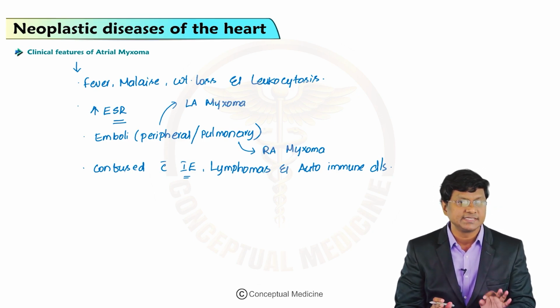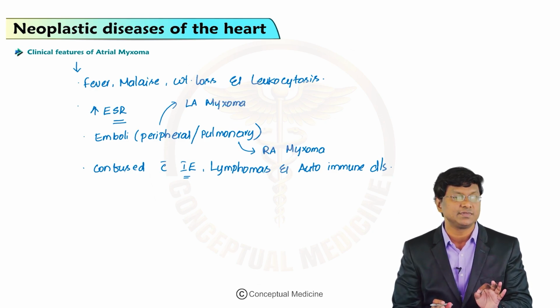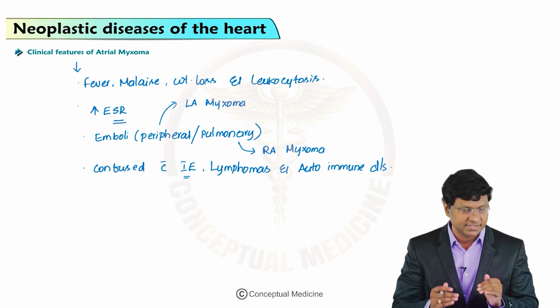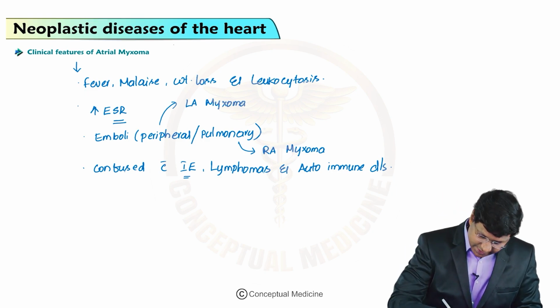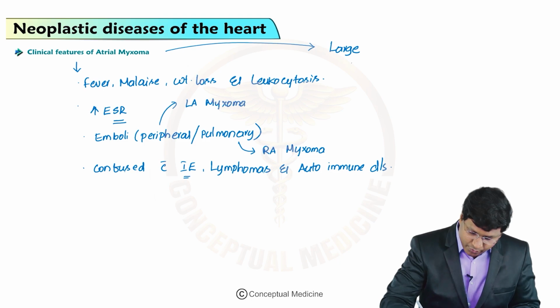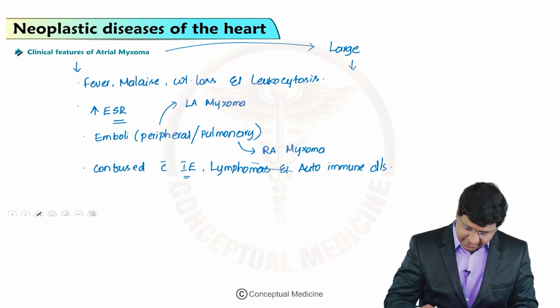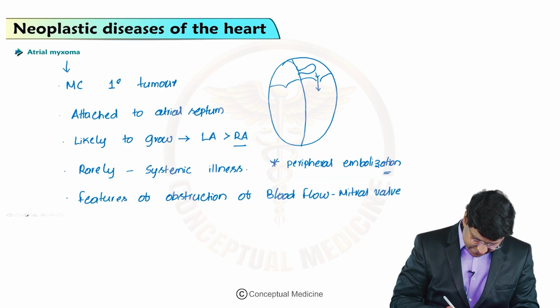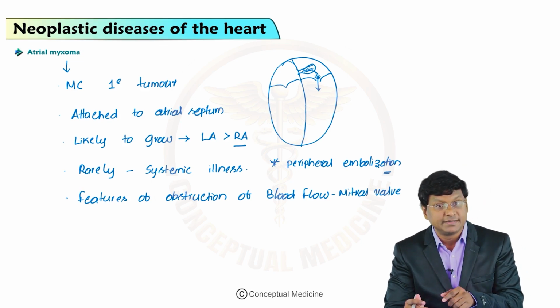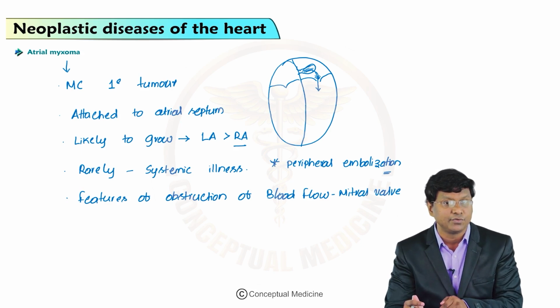In other cases, the tumor may grow to considerable size and produce symptoms by simply obstructing the mitral valve. When this tumor grows very large, it can cause obstruction of the mitral valve leaflet, so there will be obstruction at the mitral inflow.